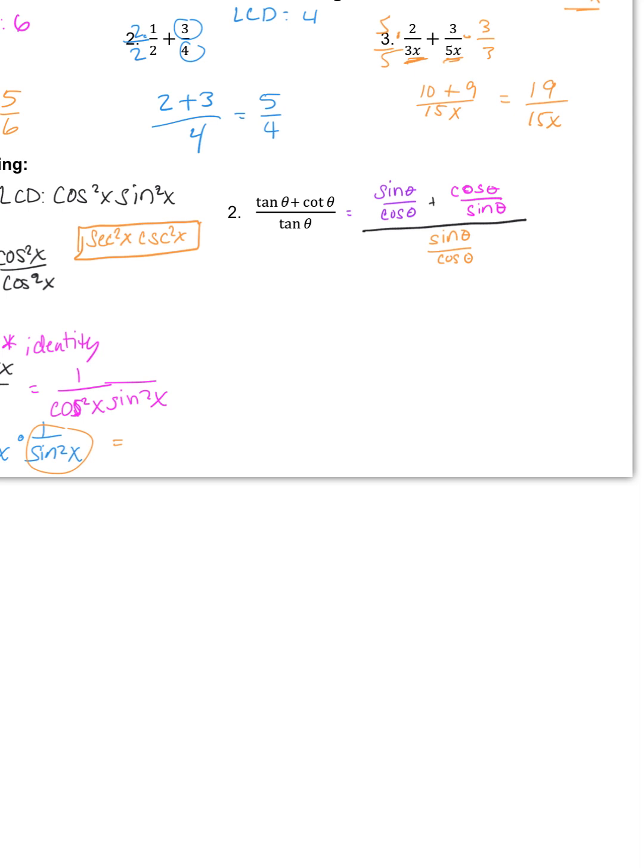And the LCD for these 2 would be cosine theta times sine theta. So I need to multiply this by a sine theta, because I don't have that. And over here I'm going to multiply by cosine theta.